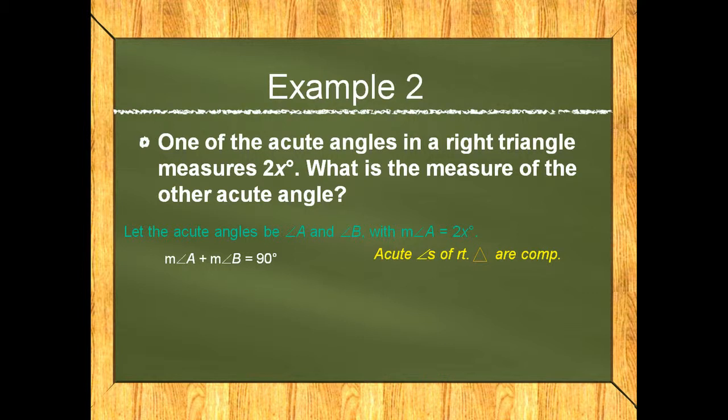Acute angles of right triangles are complementary. This is from the corollary we just heard. 2x plus the measurement of B is 90 degrees. This is substituting in 2x for the measure of A. And the measure of B is 90 minus 2x degrees. Subtract 2x from both sides.